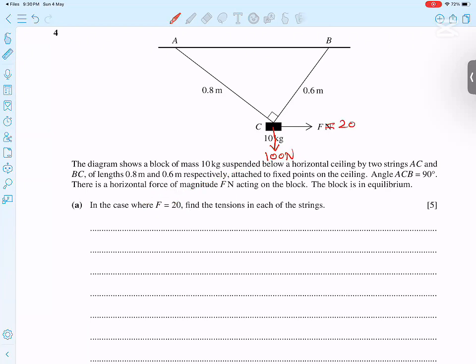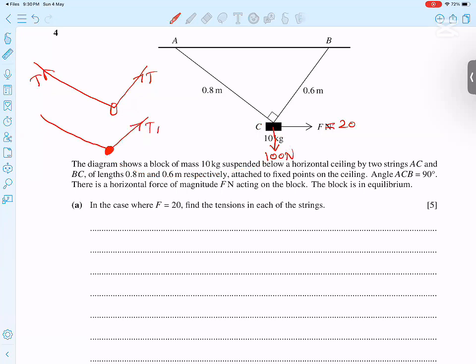And find tensions. I discussed before, even if the lengths of the strings are different, if there is a ring, this tension and this tension will be equal to each other. But in the same situation with not a ring, but a particle attached here like this, then the length is different.